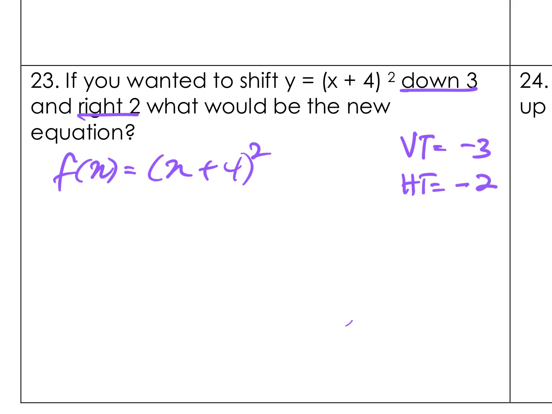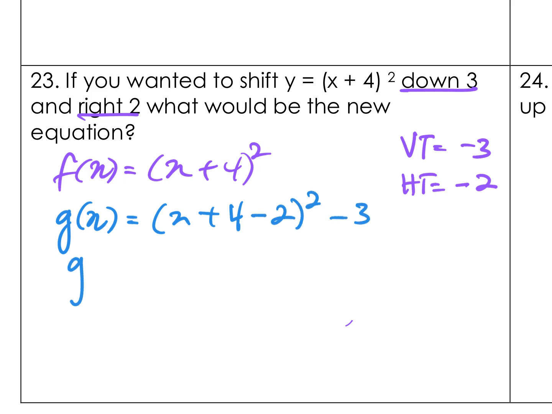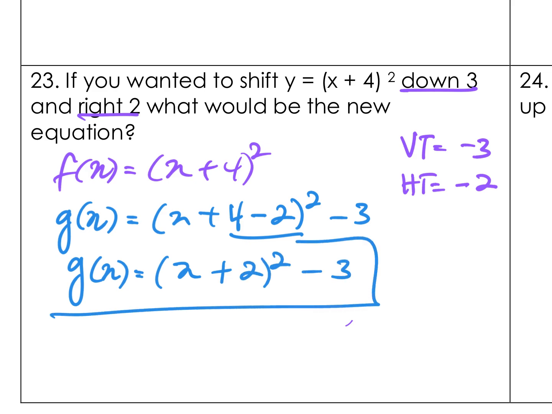So if we're going to create our g of x in here, it's gonna be g of x is equal to x plus 4 minus 2 squared minus 3. Okay, so our final answer here is going to be, let's simplify these two parts. X plus 4 minus 2 is 2, squared, minus 3. This is your final answer.